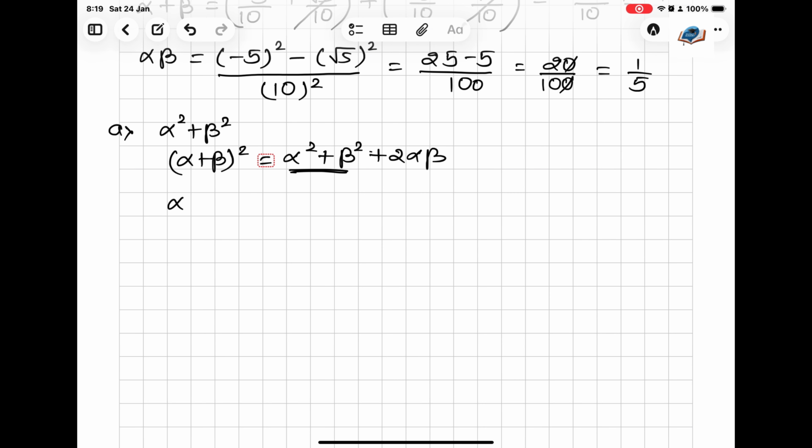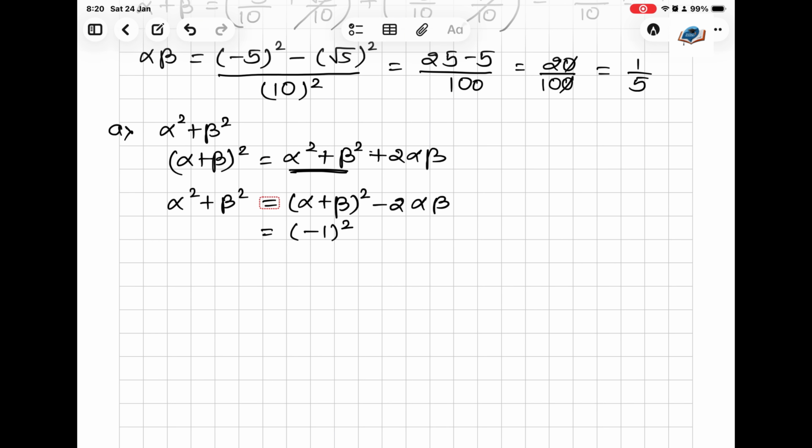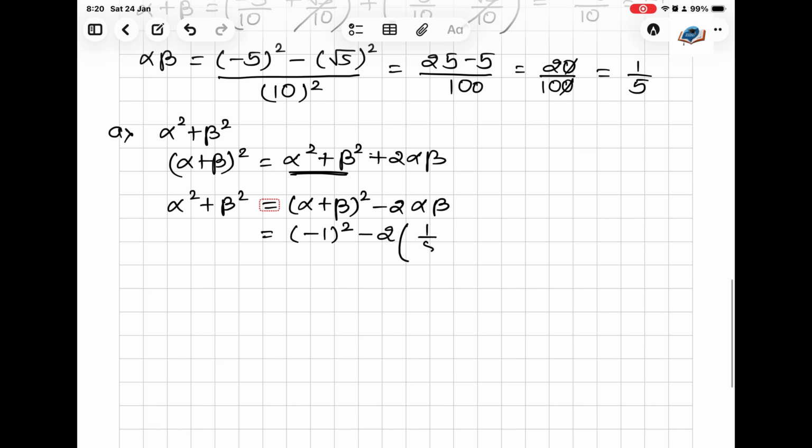So alpha square plus beta square equals alpha plus beta whole square minus 2 alpha beta. Above we got alpha plus beta is minus 1. So minus 1 whole square minus 2 into alpha beta, which is 1 upon 5. So I can say 1 minus 2 upon 5.